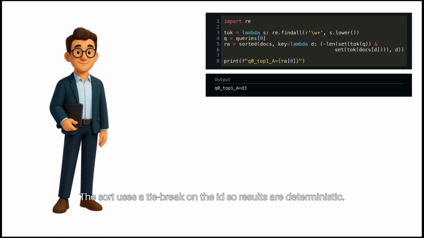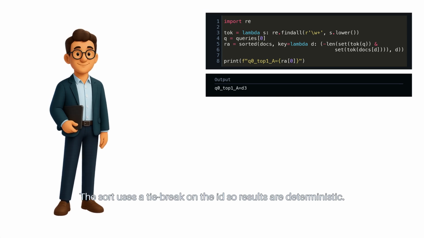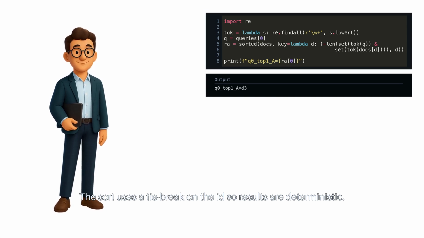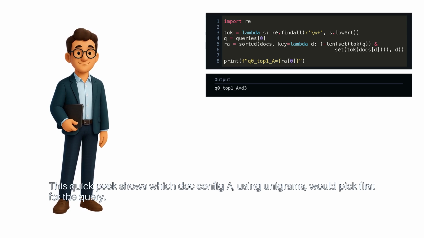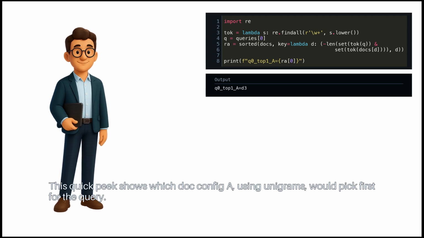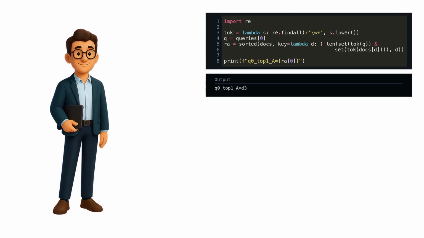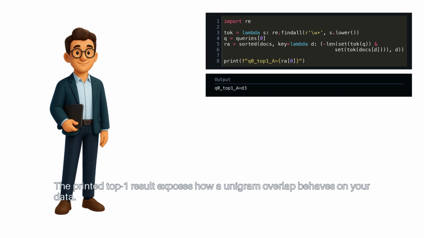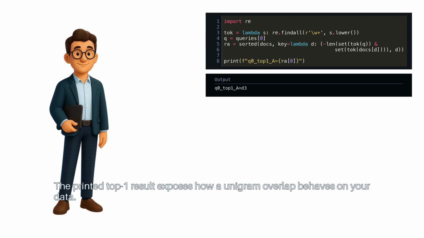The sort uses a tie break on the ID, so results are deterministic. This quick peek shows which doc config A, using unigrams, would pick first for the query. The printed top 1 result exposes how a unigram overlap behaves on your data.